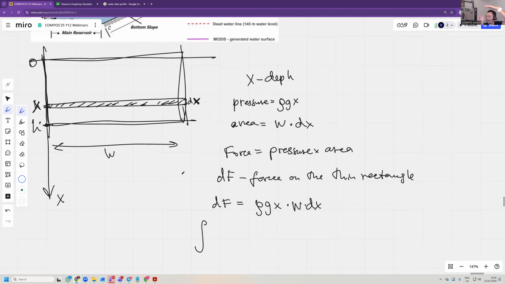So we're kind of filling up the wall. We're calculating the force on each slice, so we're adding up all the forces. So from 0 to F, where F is the total force, dF is the integral from 0 to h, because that's the largest depth, of rho g x W dx.